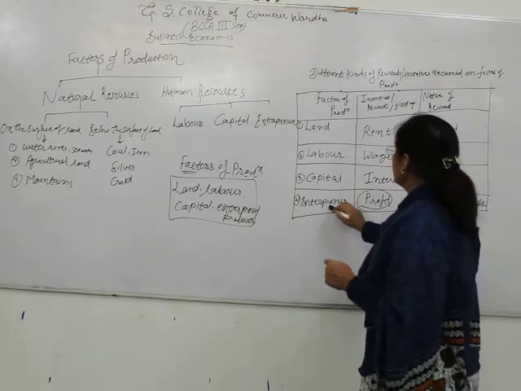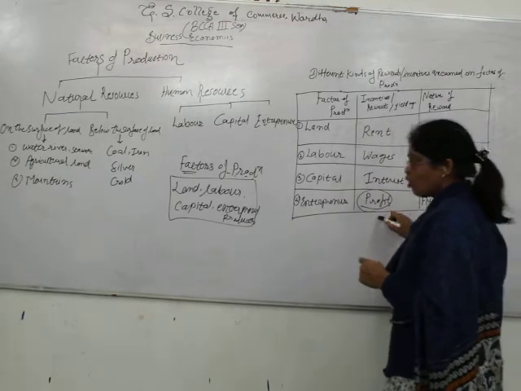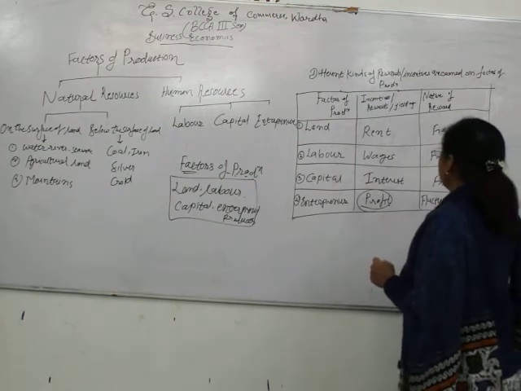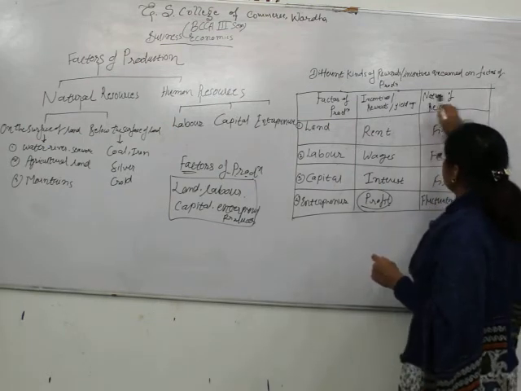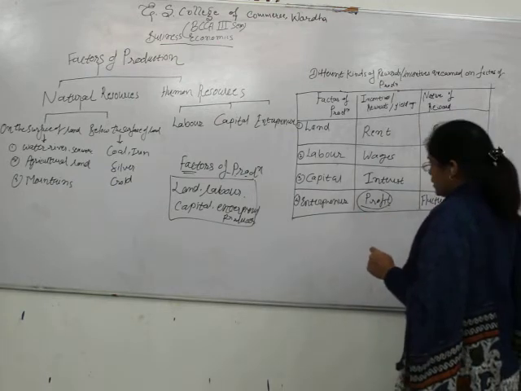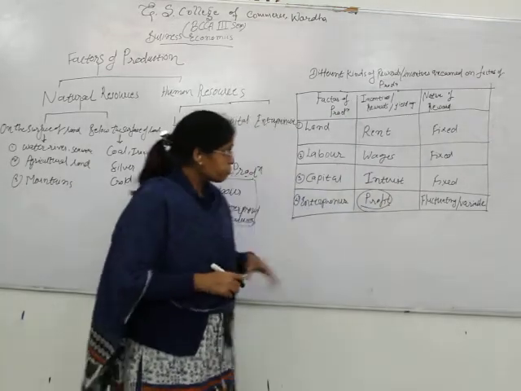So the entrepreneur earns incentives and rewards in the form of profit, and the nature of that reward, profit, is fluctuating or variable.